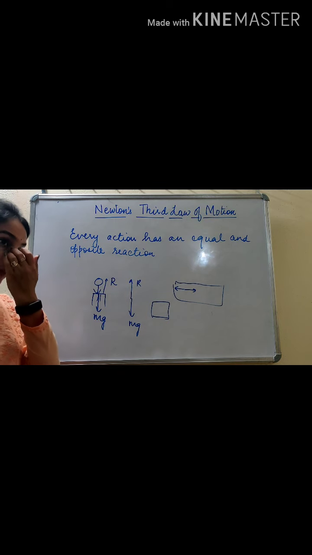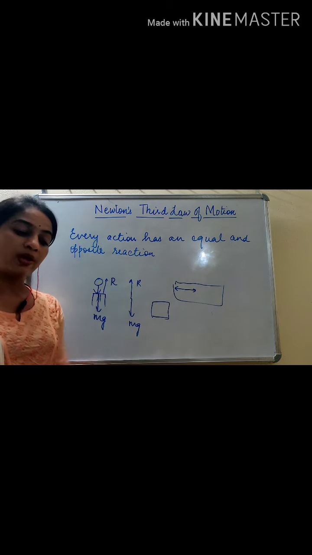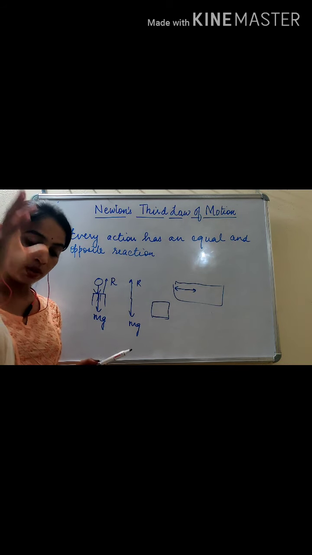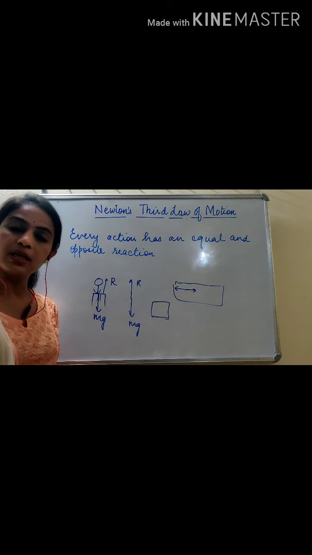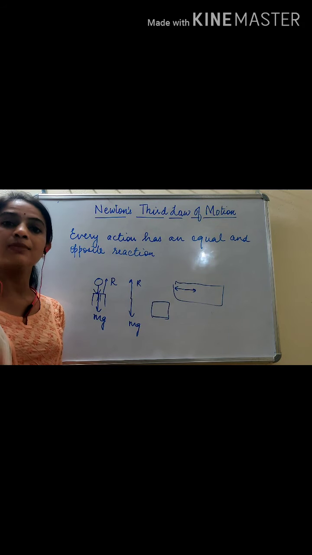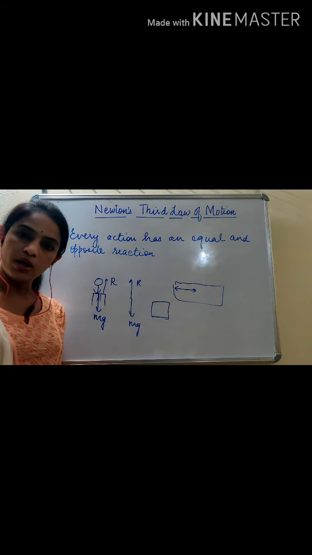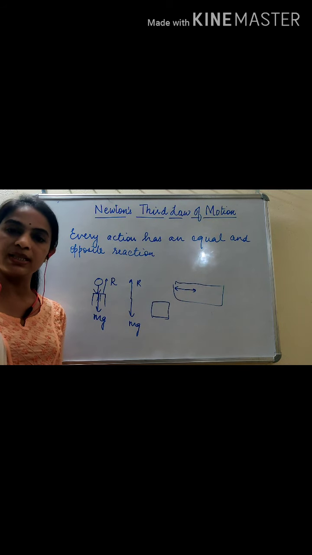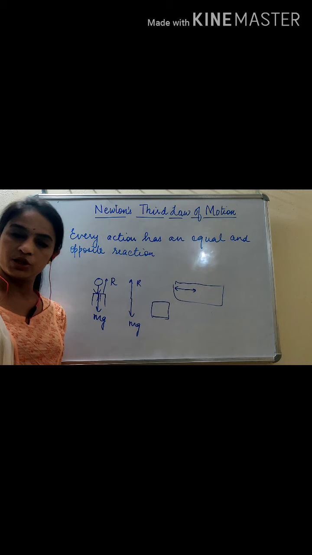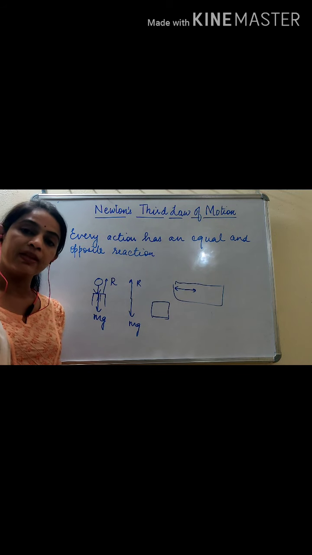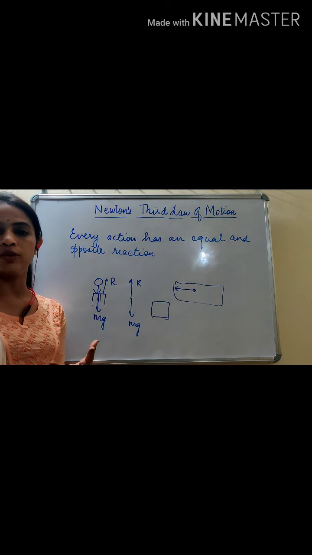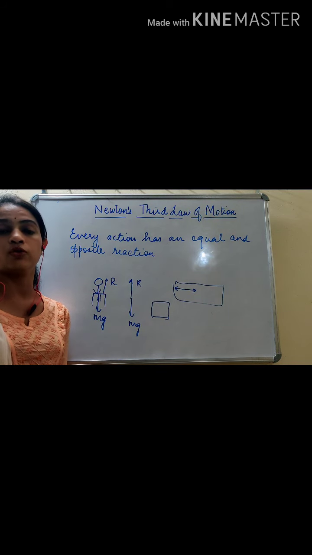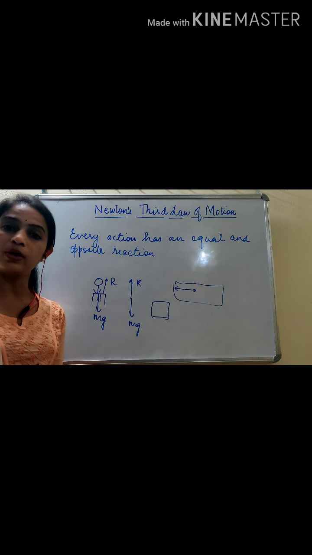There are many more examples, like for example when you play with a ball, when you hit the ball on the ground, what happens? The ball comes back. It is bounced back. When the ball is pushed downwards, your force pushes the ball downwards, and when the ball hits the ground, the reaction force of the earth hits the ball backwards.